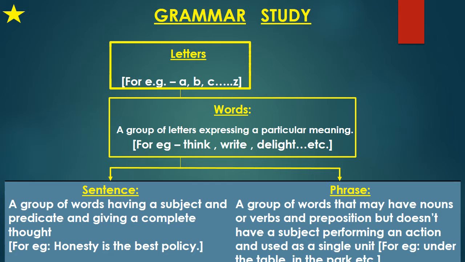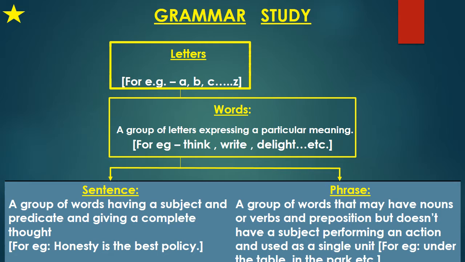Means, if a group of words does not have a subject and predicate and does not give a complete thought, it is called a phrase. For example, under the table, in the park, or behind the tree, or on the table. You can take any example.